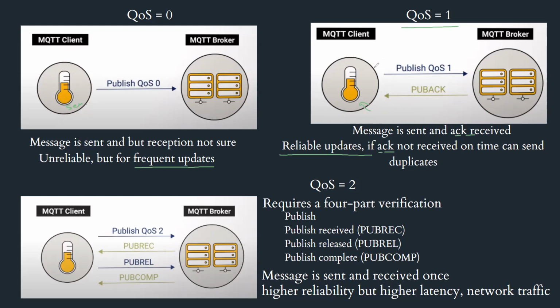So if the acknowledgement is expected to come after a certain time period, and it is not received at the sensor-based system, then the sensor-based system sends the same data another time, which is a duplicate of the data. So duplicates can occur, which is a wastage for the communication network.